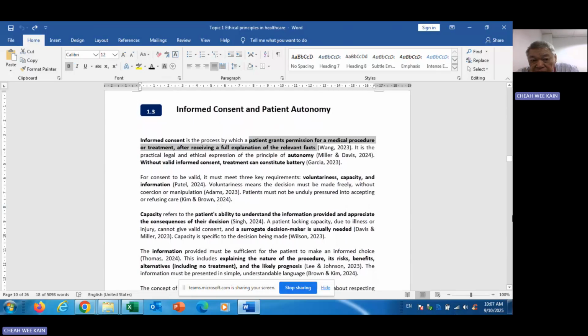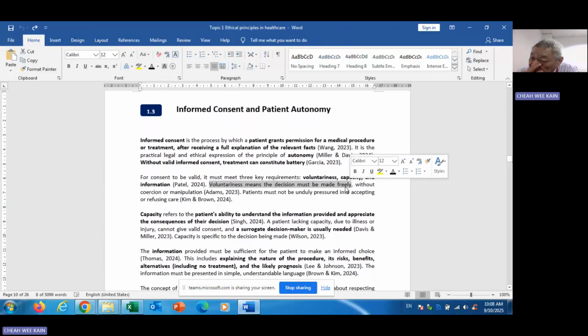Now, for this informed consent to work, we need three things: voluntary, capacity, and information. First one, voluntary, means the decision must be made freely by the patient, not under duress.